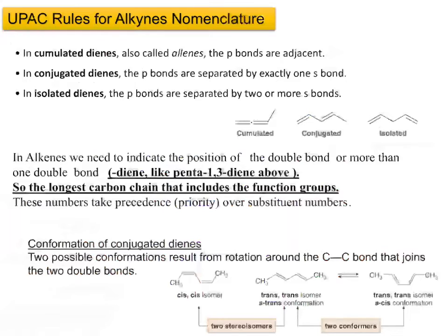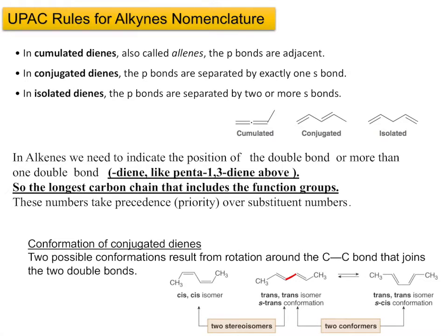According to the IUPAC system, we have three types of diene: cumulated, conjugated, and isolated. The conjugated diene could have a cis or trans structure. In that case, the double bonds are represented as follows.